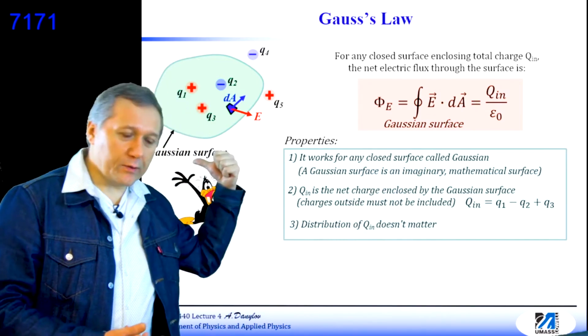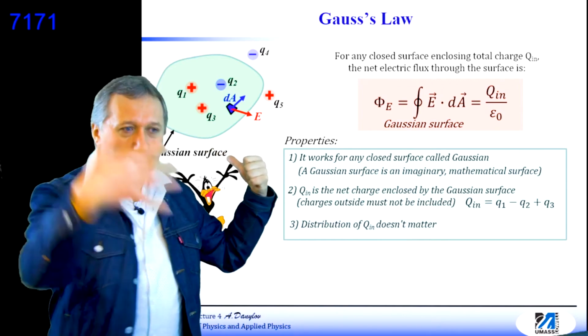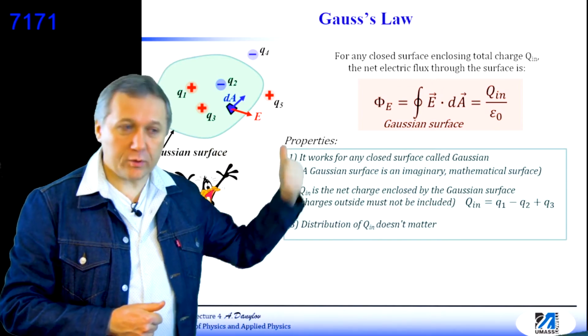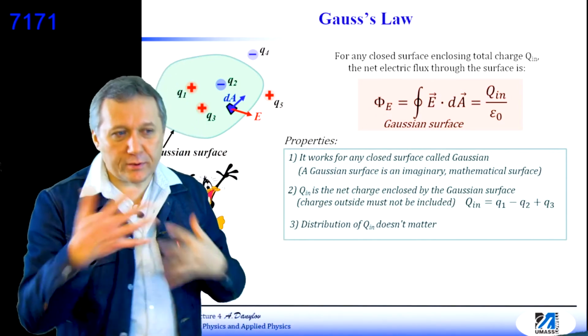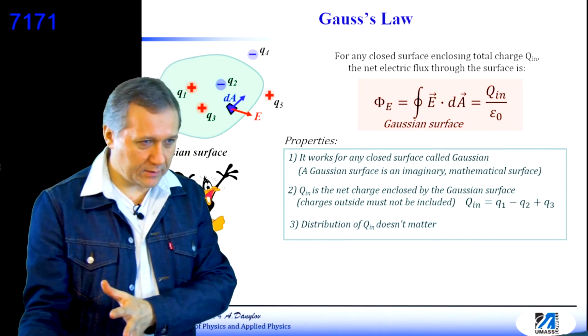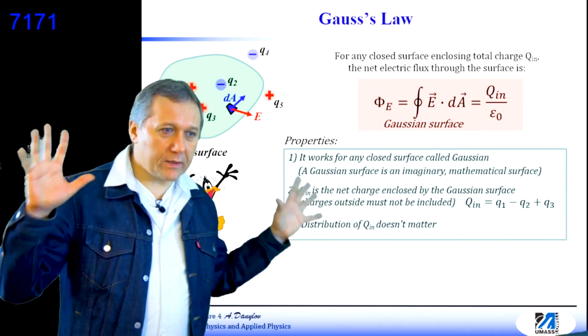Like you remember, we integrated over a ring to find the net electric field in the previous class. You can use either that, or now you can use Gauss's law. It depends on the situation. Sometimes this method is easier, sometimes this method is easier, right? But of course, they're equally strong.